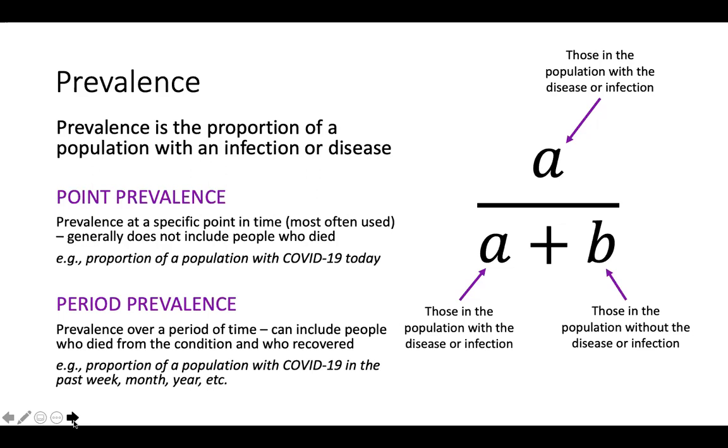Today, this proportion of people are infected, for example. Period prevalence will look over a period of time. For example, it'll say, over the course of a year, this many people got infected. Many of them may have recovered, some of them may have passed away, but all would be included in that population. So that's point prevalence and period prevalence.